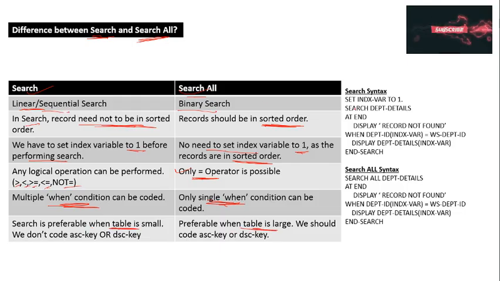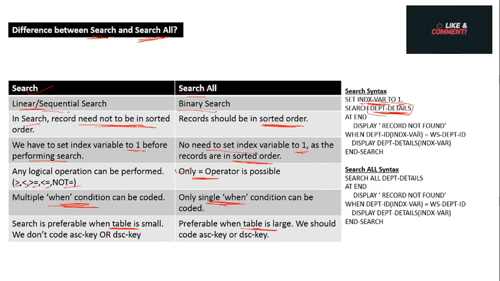Here is the SEARCH syntax. You need to set the index variable to 1 first, and then SEARCH your table, whatever data you want to search in a table, so give the array name or table name here.